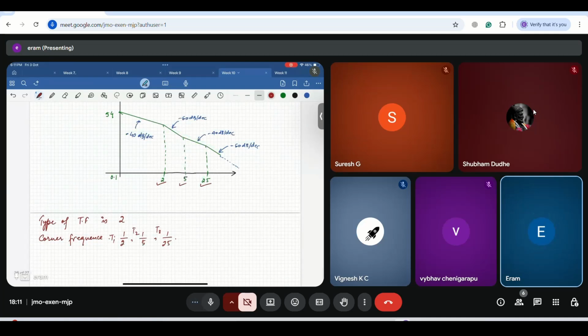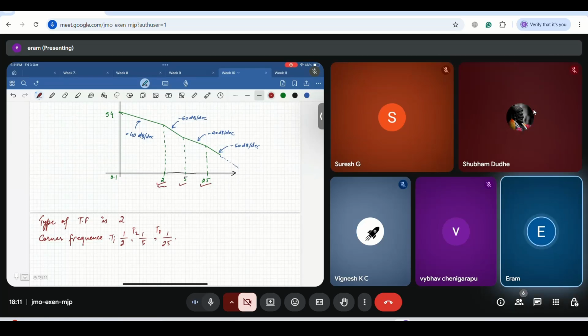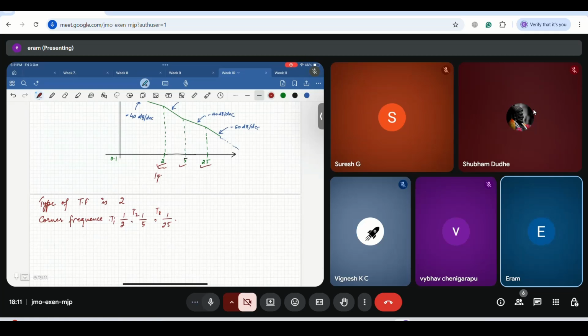Now at omega equals 2, can you guess whether there is a pole or zero? The slope is changing from minus 40 to minus 60 dB. Pole. There is an addition of minus 20 dB of slope, so there is one pole here.